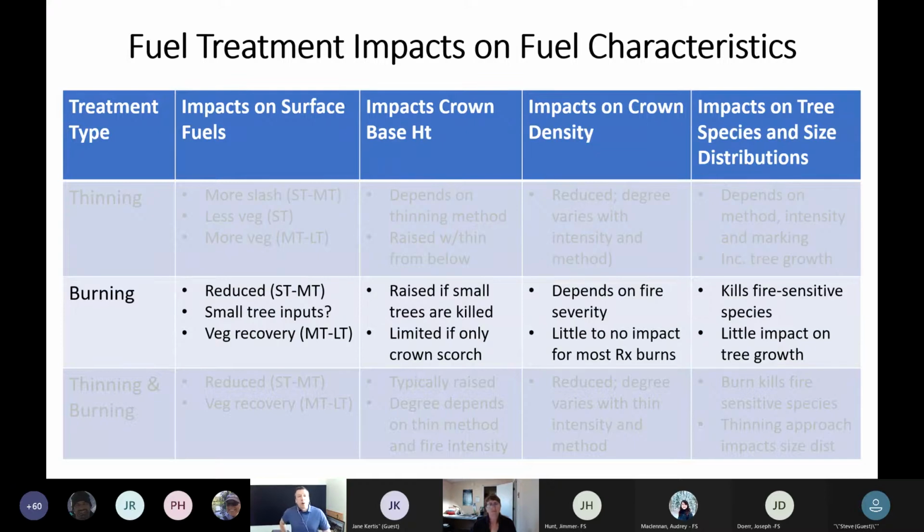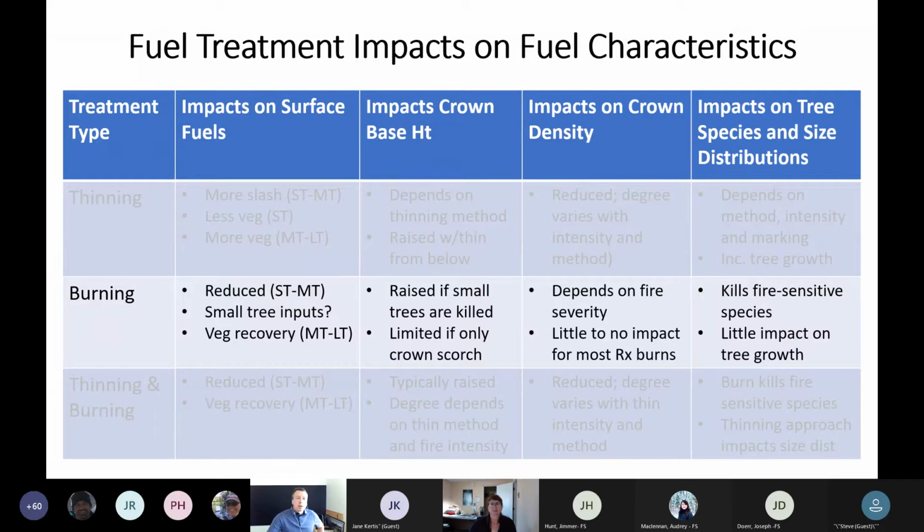Right, then we can think about burning treatments and how they correspond to these four principles of fuel reduction. Burning treatments are designed to reduce surface fuels, and that happens whether we're doing prescribed fire or whether we have a wildfire burn through an area. So we tend to see reductions in dead surface fuels as well as reductions in live surface fuels.